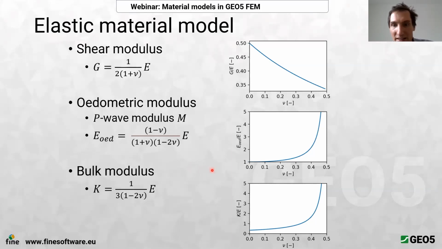But in some cases, for example, for heavily consolidated soils, when you know by some measurements that the lateral stress is definitely higher than it would result from the normal analysis, in this case, I would suggest to use a K-naught procedure.